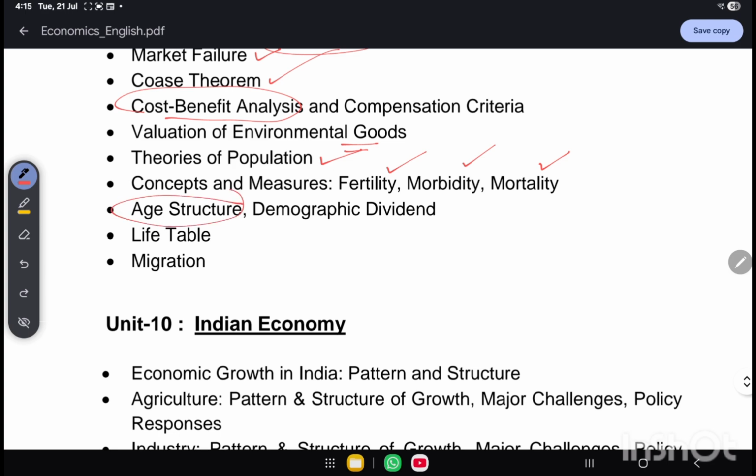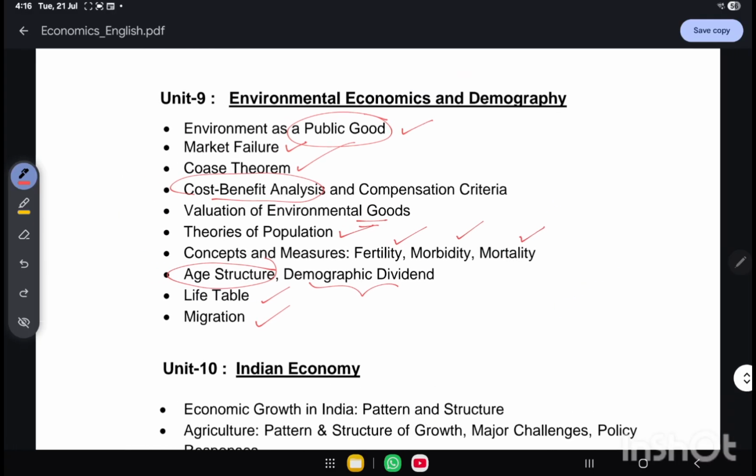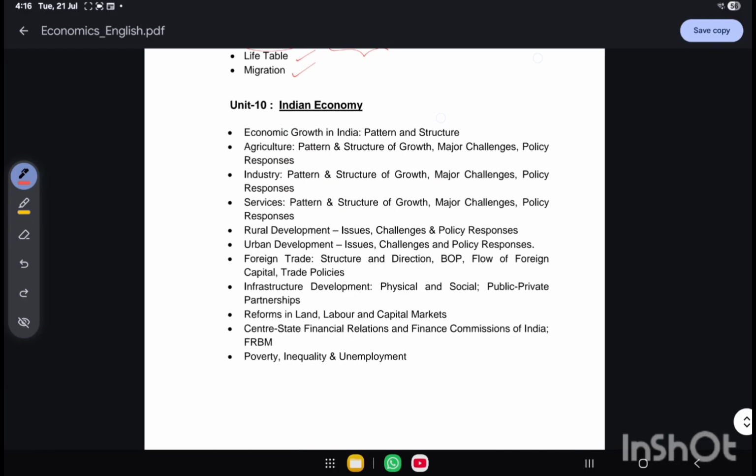And next is related to age structure, demographic dividend, and life table related to migration. These are all economic concepts itself. You're going to learn economics in a broader manner here.